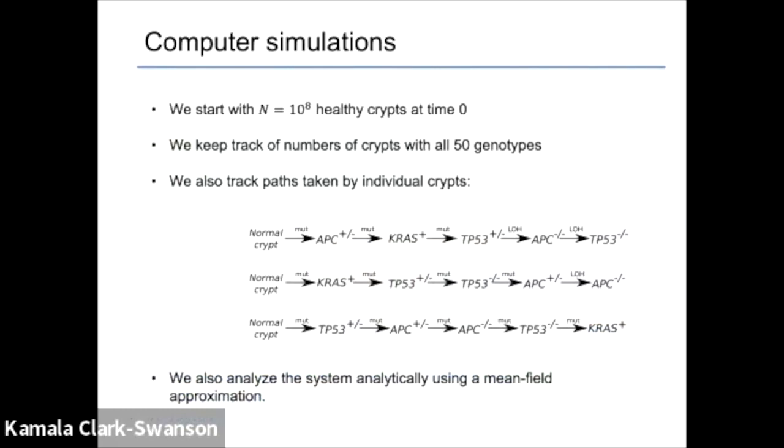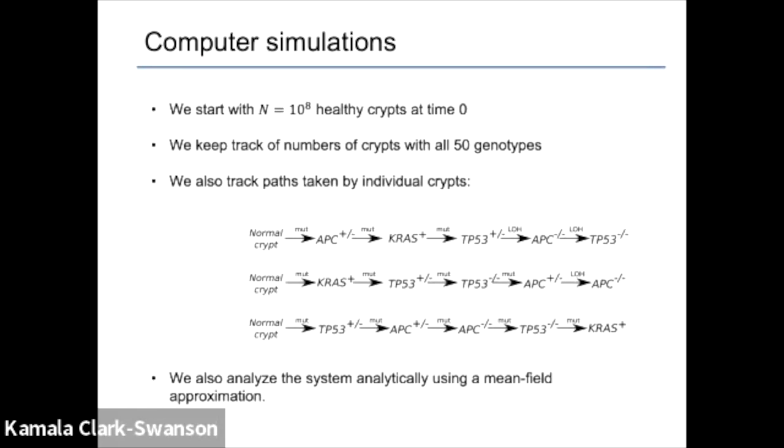And so how do we actually model this? We use two things. We use computer simulations, and we also try to calculate some things analytically. In computer simulations, we start with 10 to the 8 healthy crypts and keep track of the numbers of crypts with all 50 genotypes, as in each run there will be an evolution of these 10 to the 8 crypts.